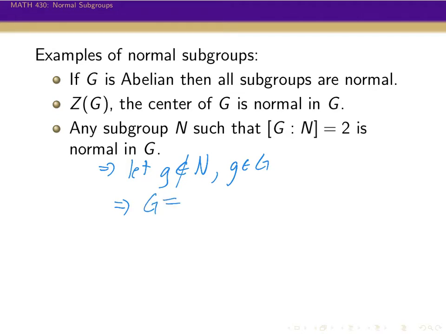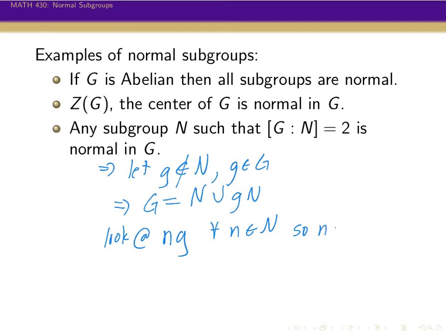Since the cosets make up a partition, we can think about G as being the union of N and gN, and this is a disjoint union between these two sets. Now let's look at ng for any n in N. Well, since g is not in N, then ng can't be in N either, because if it was in N, then g would have to be in N as well, and we said that can't be true.